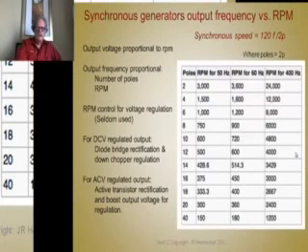The synchronous generators, of course, are frequency dependent. The frequency of the voltage generated is a function of the speed. Here's a list at different frequencies of a list of speeds that you drive the generator at for different number of poles, and it tells you what resulting frequency you get.